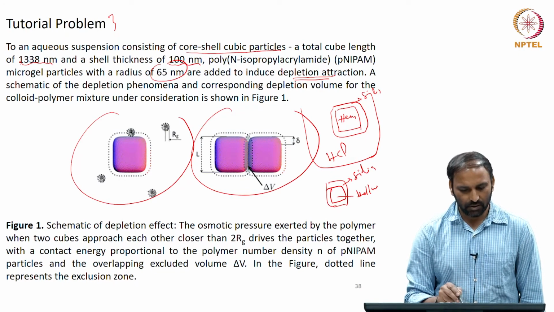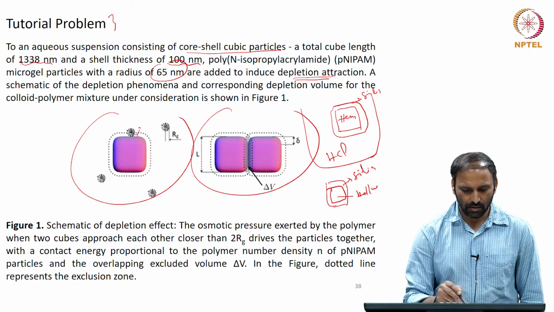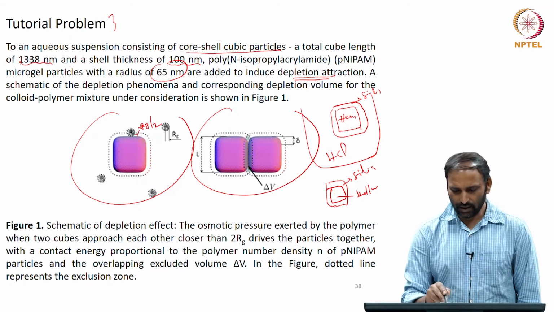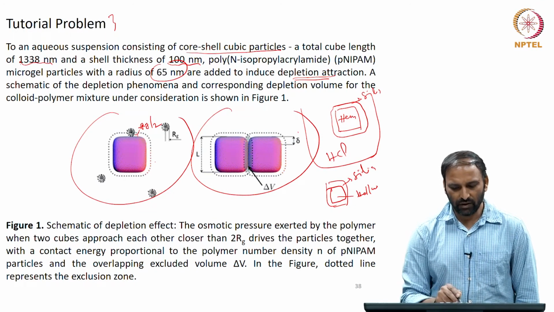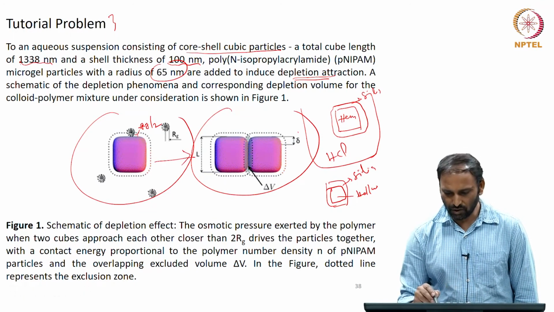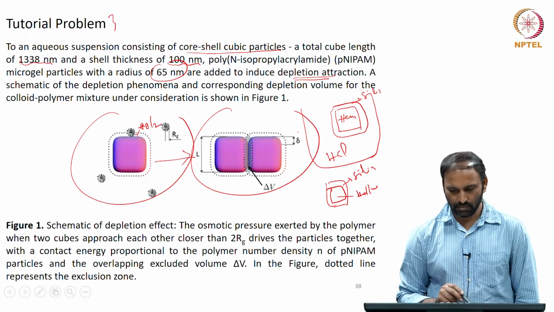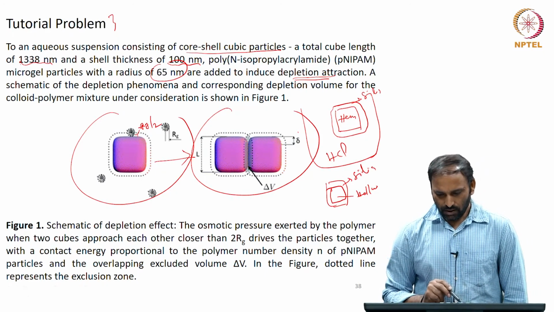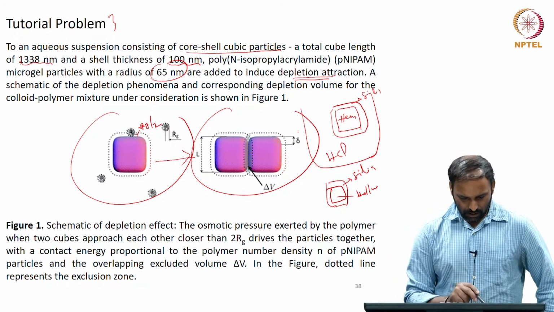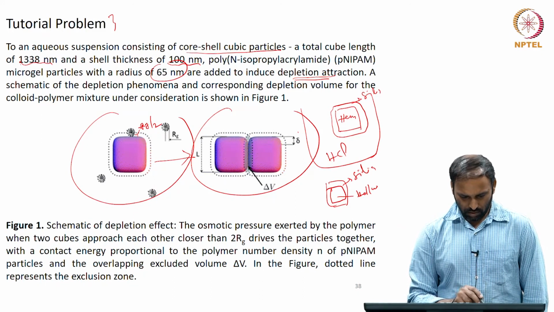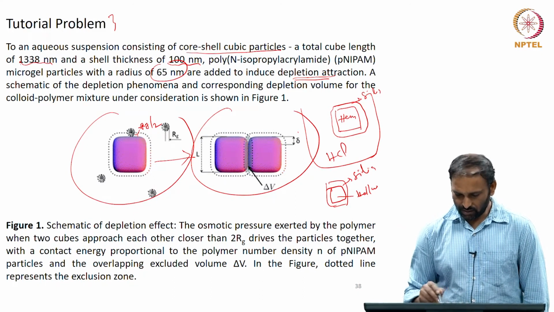You can think about a depletion layer. The size of this depletion layer is going to be Rg by 2. When the cubes are sufficiently close, there is going to be a depletion volume. So that is a schematic.